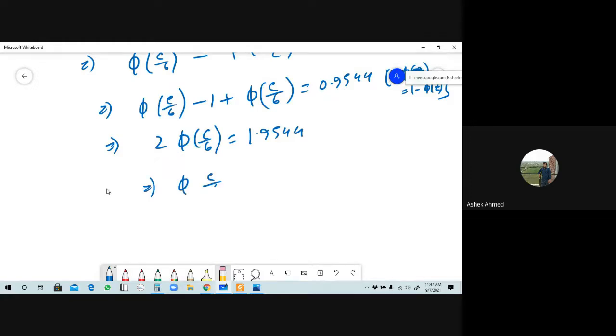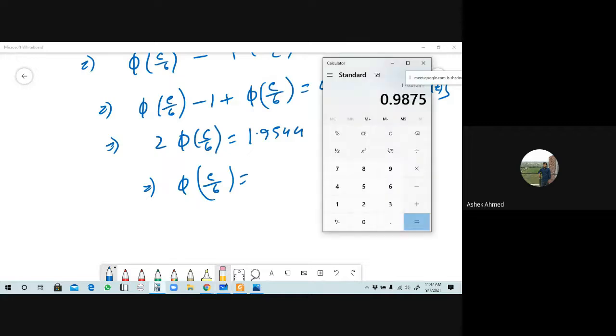Okay, from here tell me the values of phi of c by 6 will be, ডিভাইড করলে কি পাওয়া যাবে বলো দেখি, 1.9544 divided by 2 that will be 0.9772.